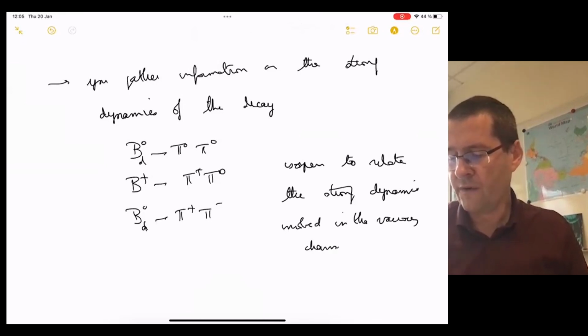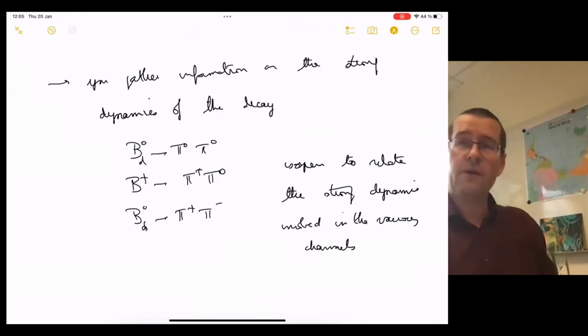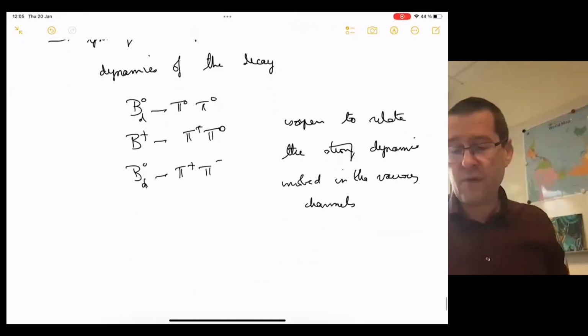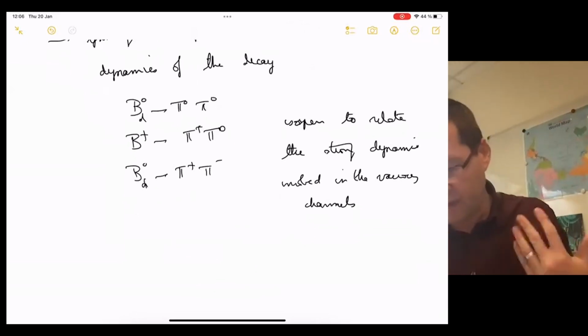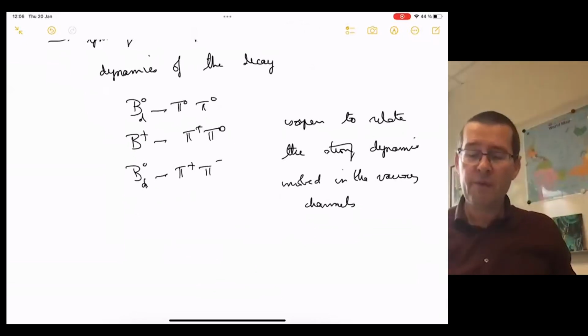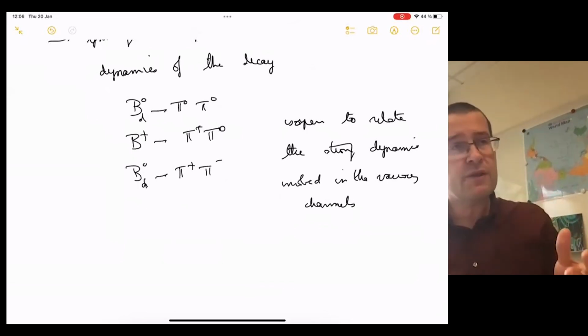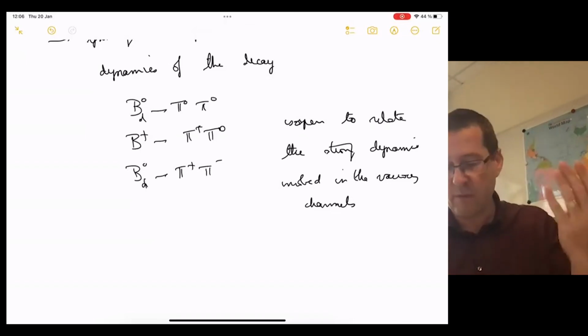So you measure as much as possible concerning all these various decay rates. So you do have CP violation in decay, for instance B plus to pi plus pi 0 compared to B minus. Then when you have the B0, you can look at the time evolution, how it can mix. You have interference between the mixing and the decay into, for instance, pi0 pi0, or pi plus pi minus.